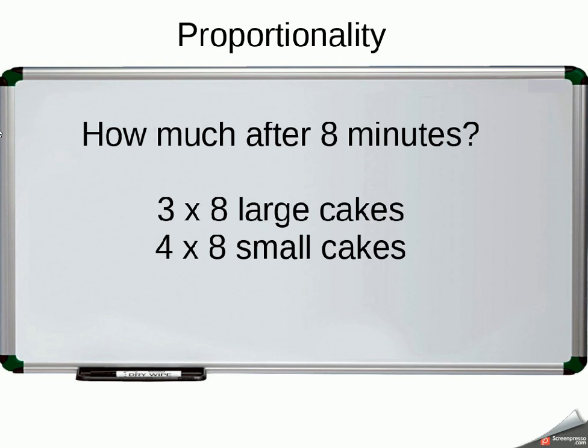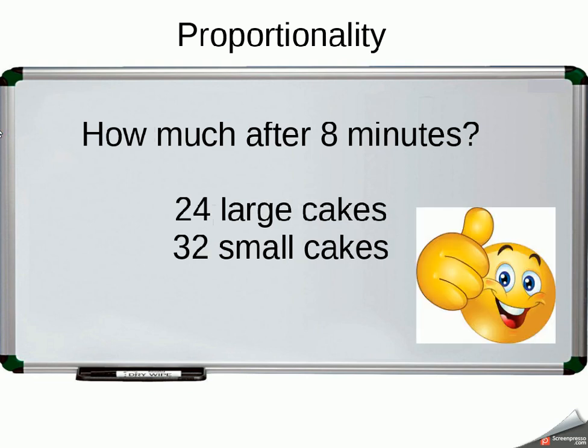So we multiply the large cakes in the ratio, 3, by 8, and we multiply the small cakes in the ratio, the proportion, by 8. So 3 times 8 gives us 24, and 4 times 8 gives us 32.